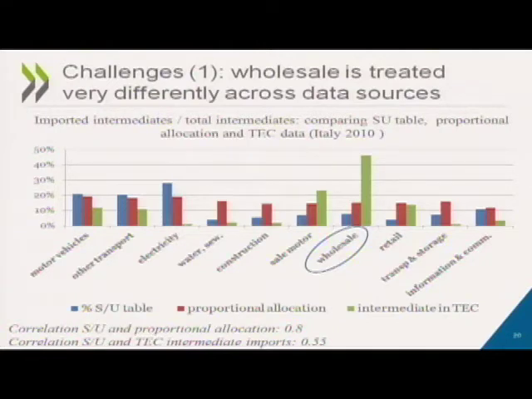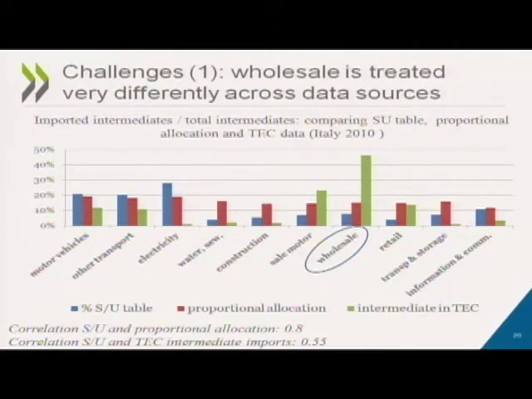We used three sources to compare. First, the supply and use table, because that is where you can get some of that information. We also used a proportional allocation, where we attributed the data to individual industries proportionate to their total share in products and imports. And we used the TEC data, using the information on products and industries.